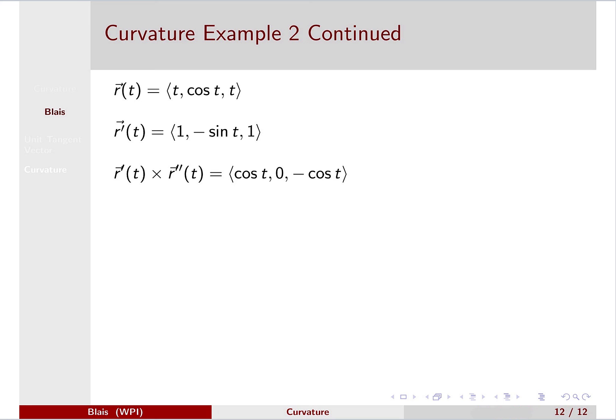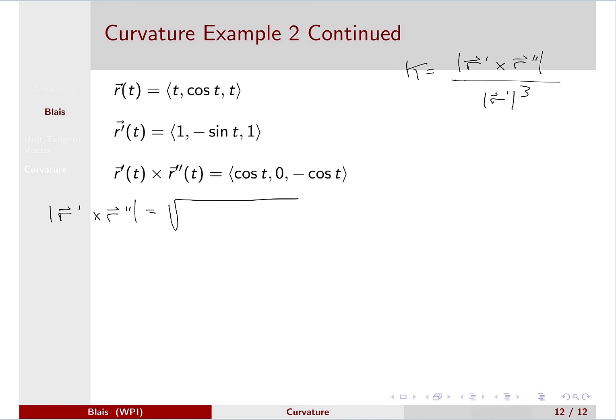And recall that our kappa was the magnitude of r prime cross r double prime divided by the magnitude of r prime cubed. So we now need the magnitude of this vector here, the magnitude of that r prime cross r double prime.